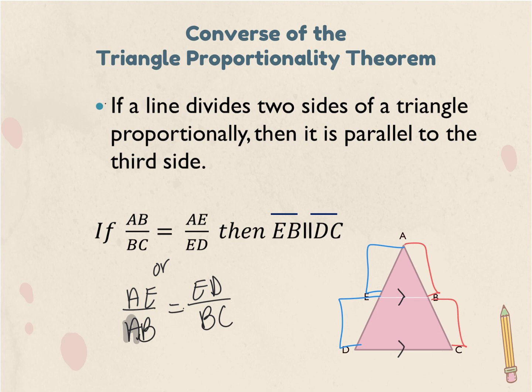Why can I write it two ways? Please pay attention to this. If I were to cross multiply these, so I'm going to highlight it. If I were to cross multiply BC and AE, and I were to cross multiply this section, they're the exact same thing. Okay, AE times BC, and same thing with this side. If I were to multiply AB and ED, it's the same thing if I were to cross multiply it here. So that's why I can write it two different ways.